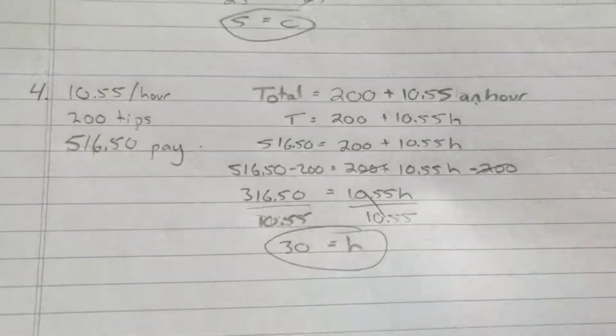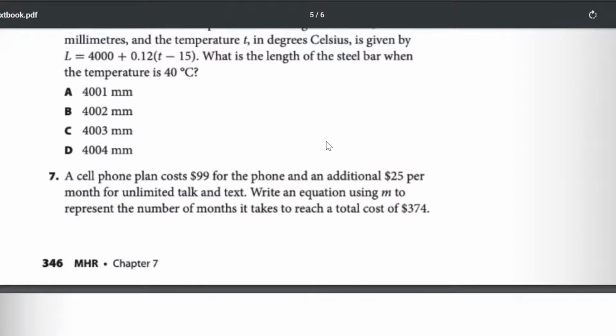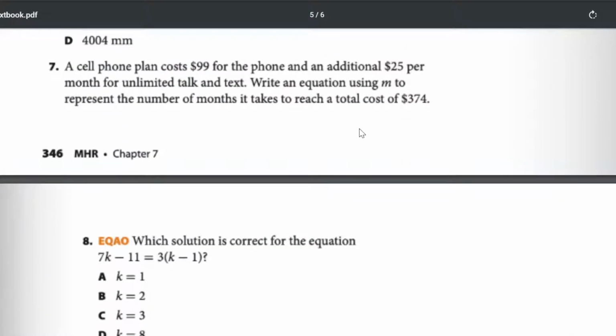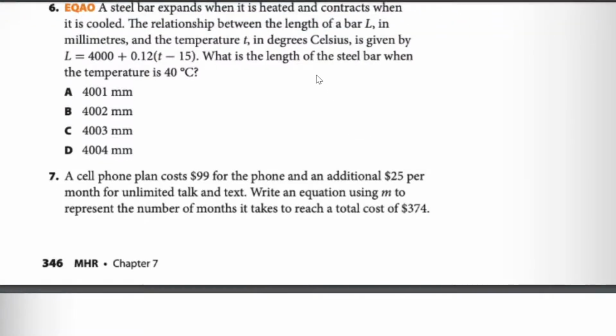Now, in the next question, which is number 7, we have a cell phone plan that costs $99 for a phone, and then an additional $25 a month for unlimited talk and text. So whoever is getting this is paying $99 up front for the phone, and then each month we'll pay $25 to get unlimited talk and text.